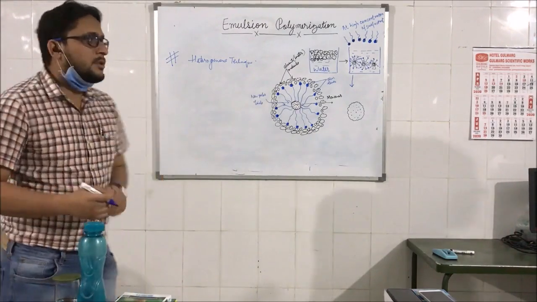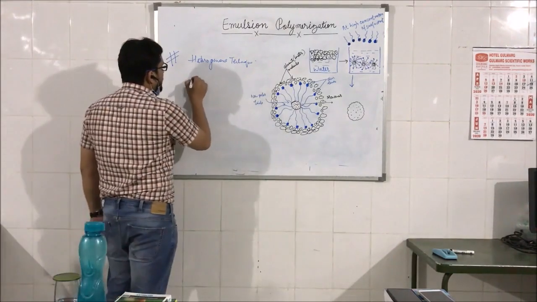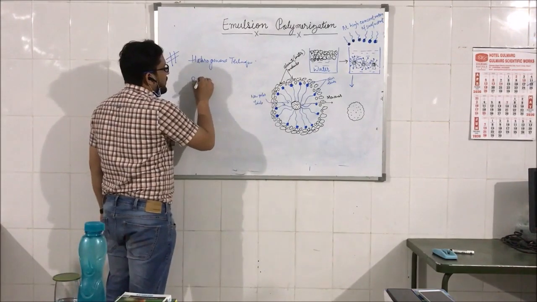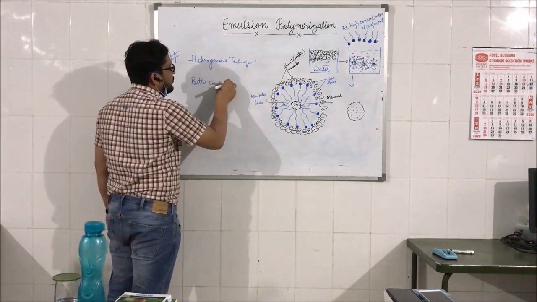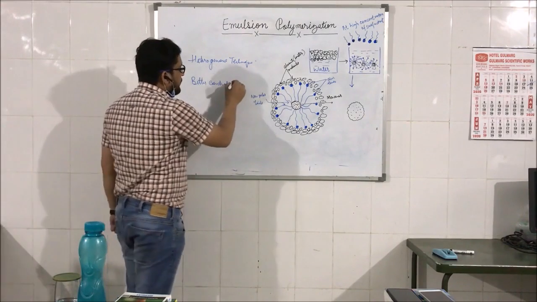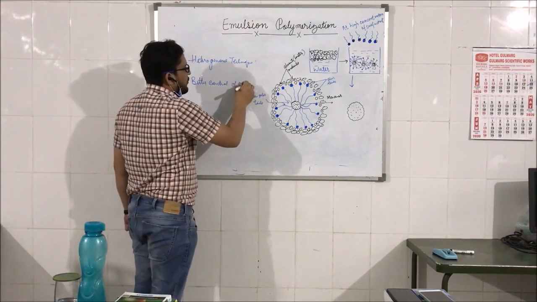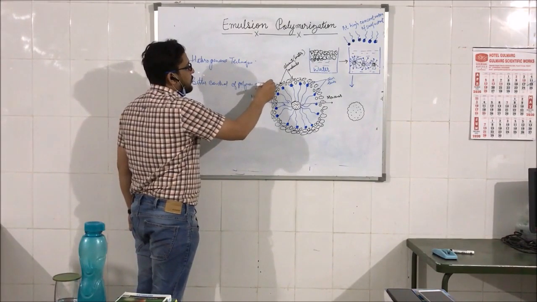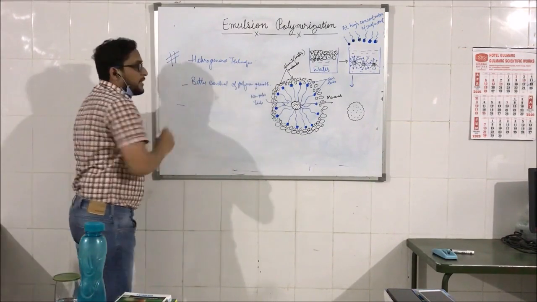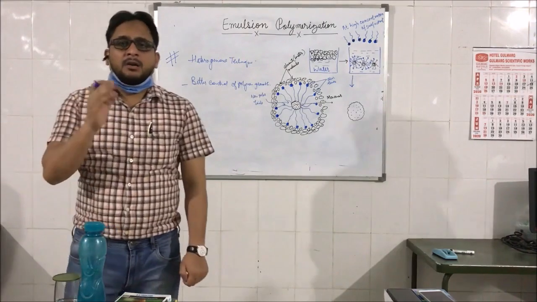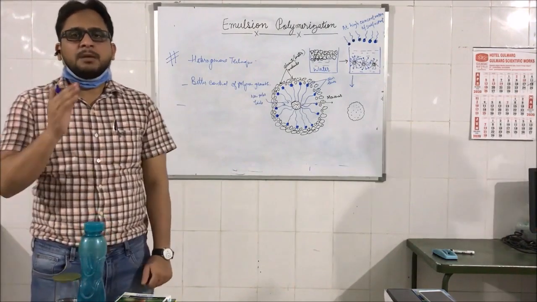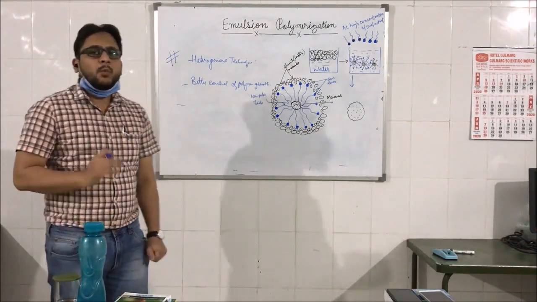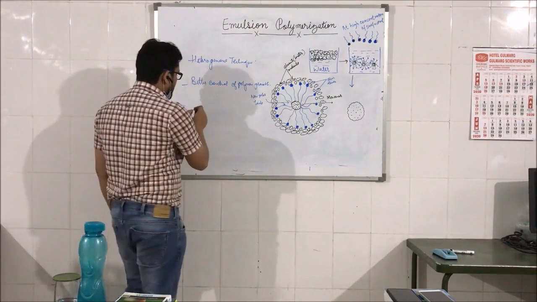It is used for better control of polymer growth, or you can say it offers better control of polymer growth, and it produces a long chain polymer, meaning high molecular weight polymer with superior mechanical properties.